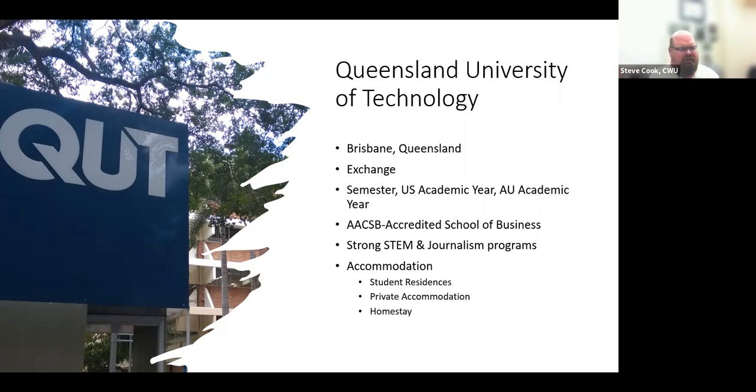One thing education students will want to do is talk to their academic advisors in CWU School of Education to figure out what they can and cannot take abroad. So there might be certain areas that could come in as electives. They do things like literature and Australian history housed within their education program.